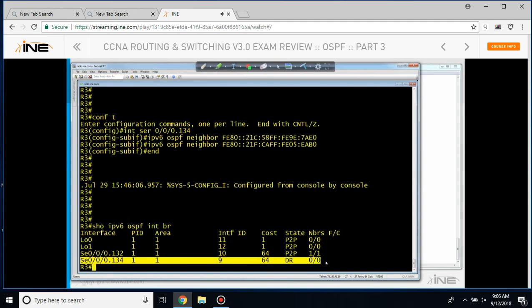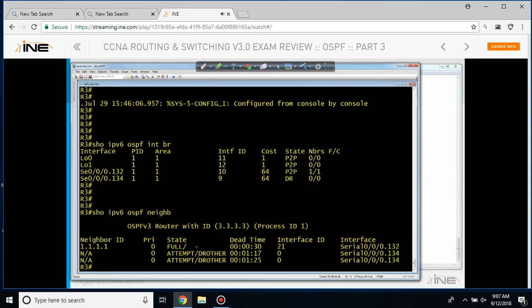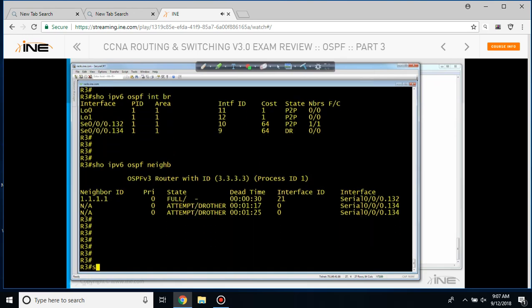Currently, there's no neighbors, though. Come on, you can do it. Show IPv6 OSPF neighbor. Is it possible that I have the wrong link local addresses? Show run interface serial 0/0.134.